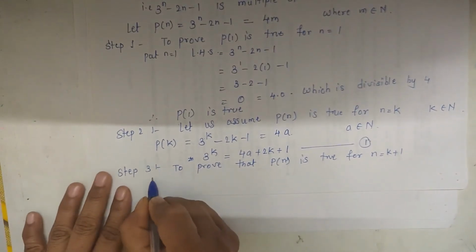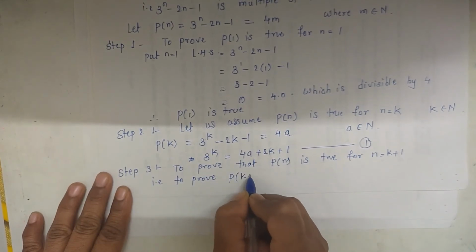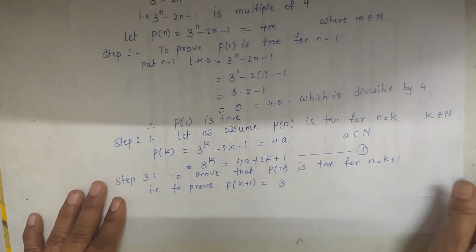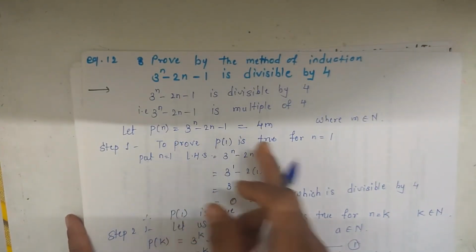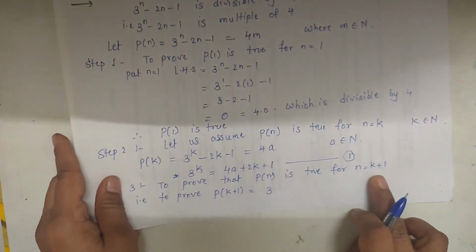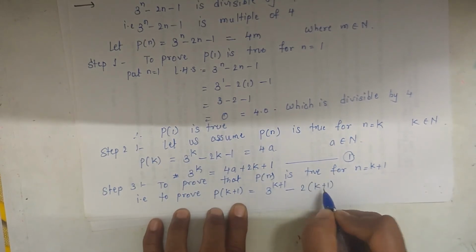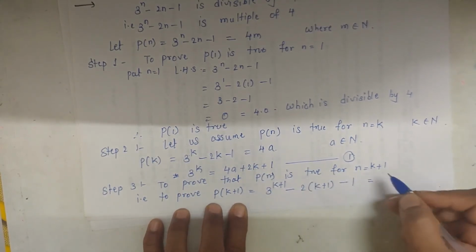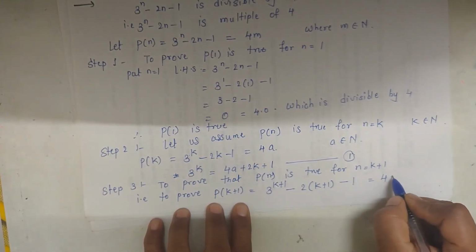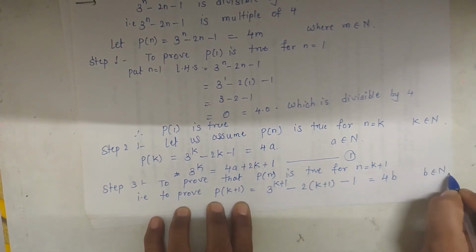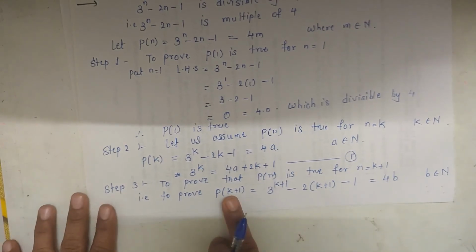That is, to prove that P of k plus 1, putting n is equal to k plus 1 in the given statement 3 raised to n minus 2n minus 1, we get 3 raised to k plus 1 minus 2 into k plus 1 minus 1 is divisible by 4, that is a multiple of 4, 4 into b, where b belongs to the natural numbers. Here the second factor is b for the statement P of k plus 1.